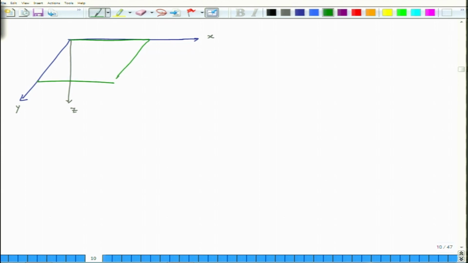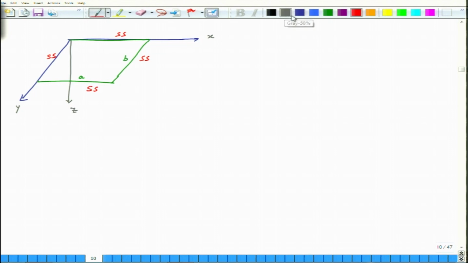So, the origin is not at the center of the plate, but it is at the corner of the plate, because it makes the mathematics slightly easy, that is all. This dimension of the plate is A, and in the y direction it is B long. And the boundary conditions are such that all the edges are simply supported.